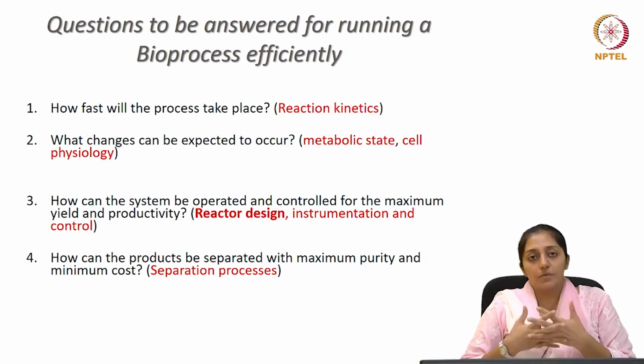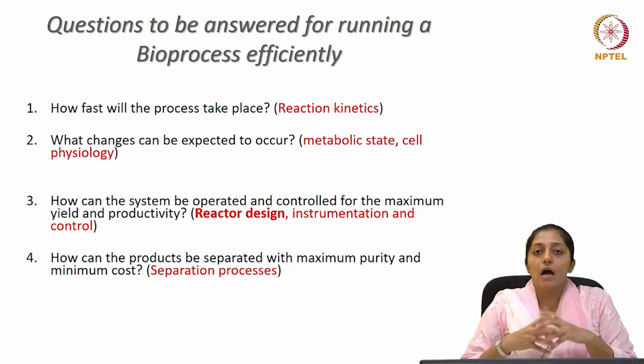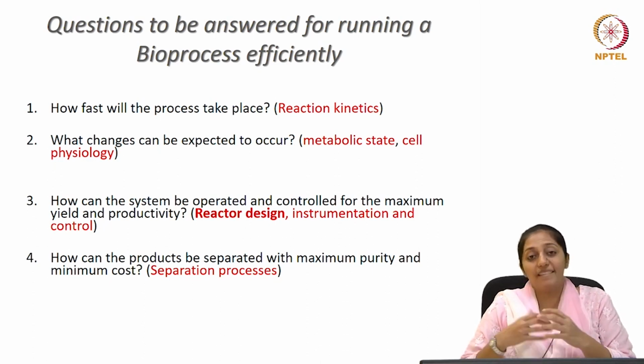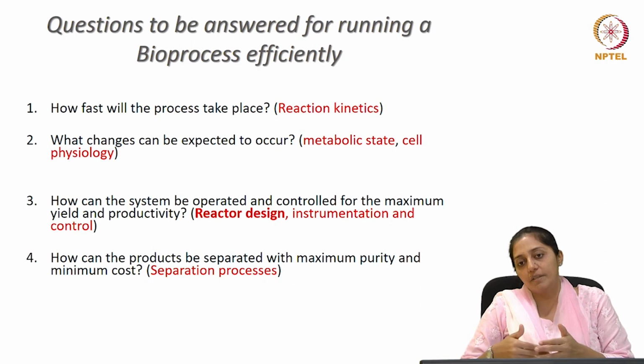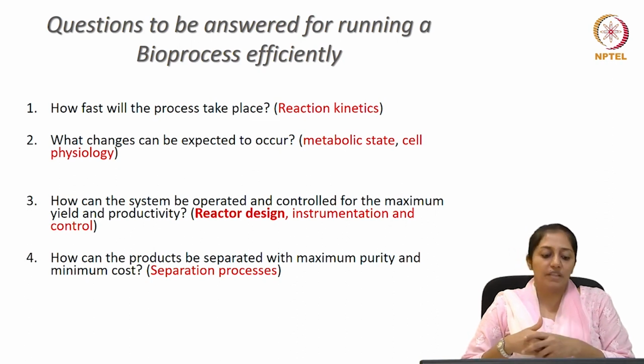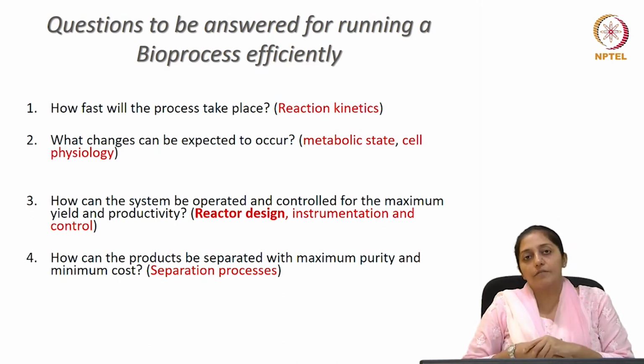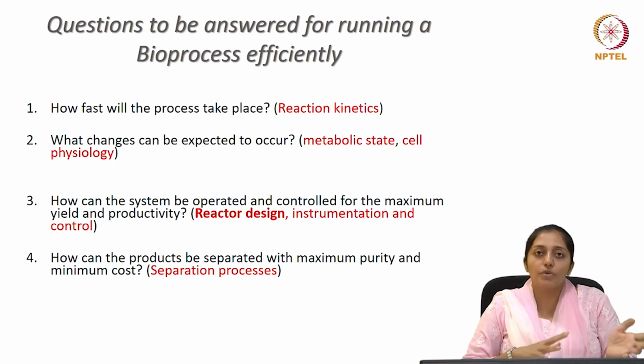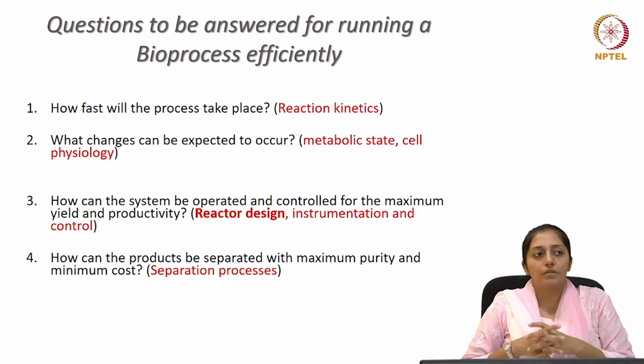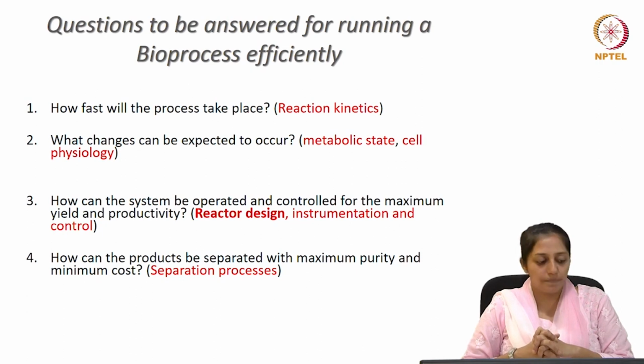And then there is one more question, which is how can the product be then separated once achieved for maximum purity and in minimum cost? So this is a different set of study which comes under downstream processing, which is another course in itself, where different ways in which the product is separated and purified are discussed.